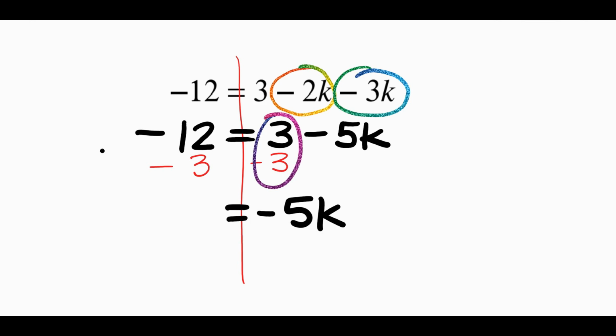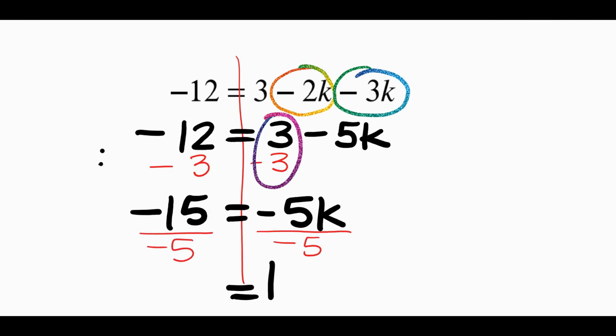And over here, I have negative 12 and negative 3, same signs, so I add the numbers and keep the sign the same. And they are multiplying the k by negative 5, therefore I'm going to do the opposite and divide by negative 5. And that leaves me with a negative divided by a negative is a positive, and 15 divided by 5 is 3. K equals 3 is my final answer.